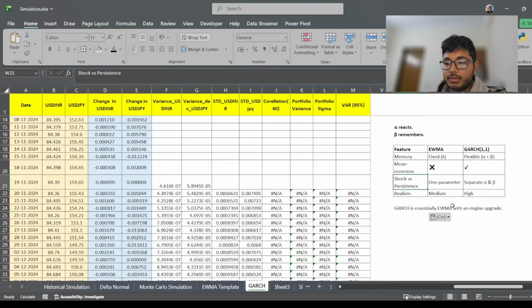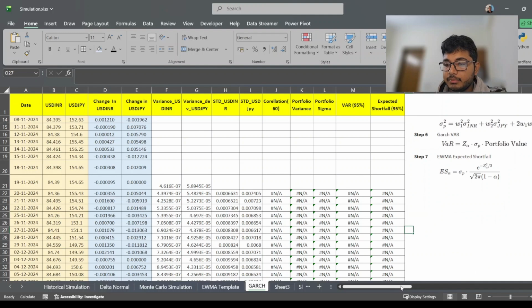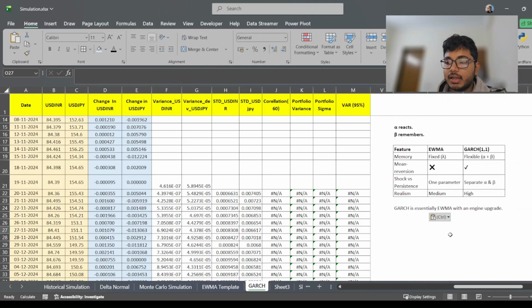EWMA can follow real-time volatility a little bit, but the GARCH model can follow real-time volatility very quickly. So this methodology is the same, just that we are using a different way of calculating variance in GARCH.